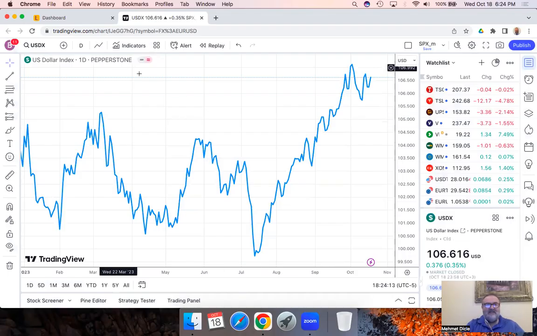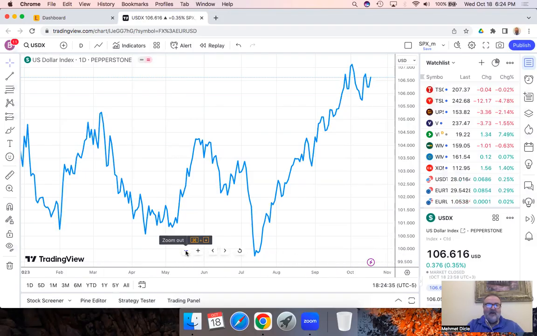So it is an index in the sense that it is the US dollar value against several different foreign currencies, or a basket of foreign currencies, and therefore, it is the true value of the US dollar. It's an index, and therefore, the index of 100.